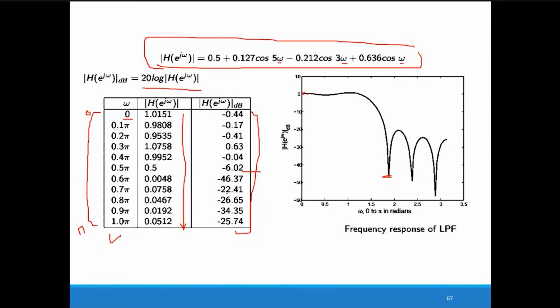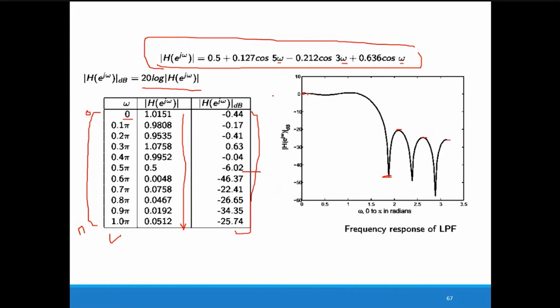Again, your values increase to minus 22.41. Then again it is near to this value: minus 26, minus 34, minus 25. This is how you are getting the remaining values of the stop band ripples, and this is how you are getting the magnitude response.